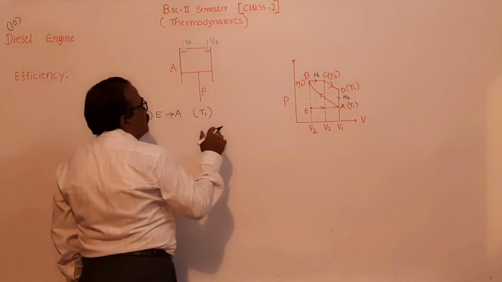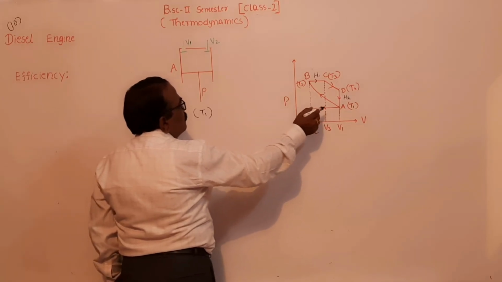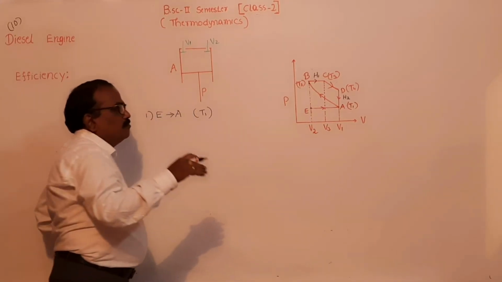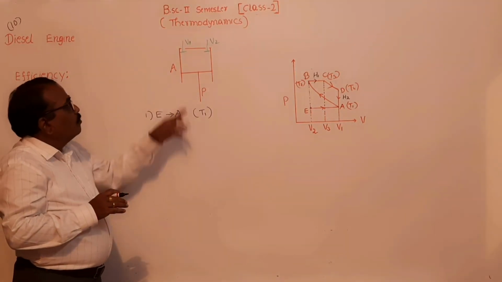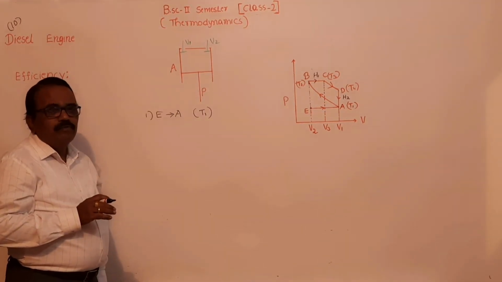Then from A to B, it is sufficiently compressed by closing the valves V1 and V2.